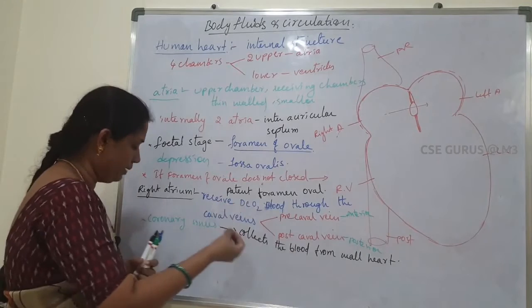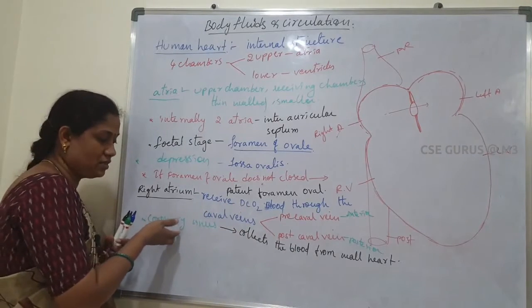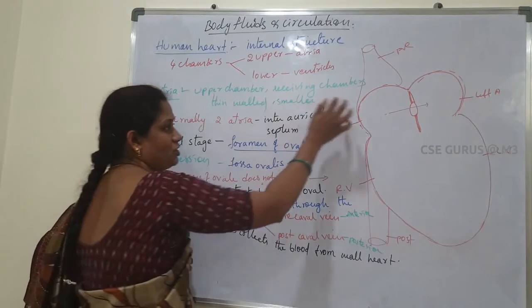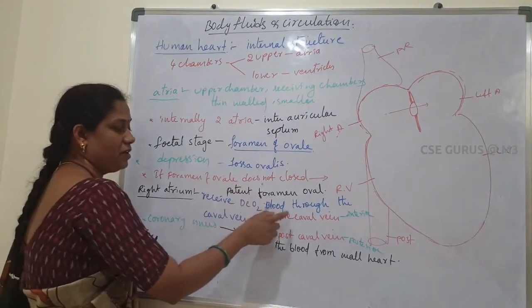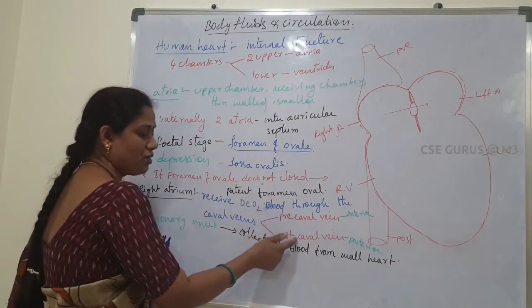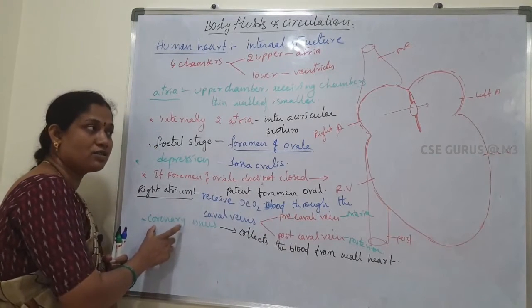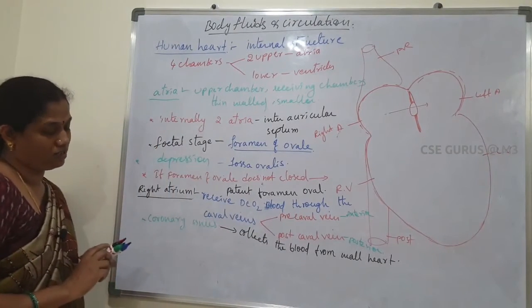The wall of the heart is mainly made up of cardiac muscles. Cardiac muscles also need a continuous supply of blood. So the blood from the wall of the heart is collected by the coronary sinus, which opens into the right atrium. So in the right atrium, the precaval vein, postcaval vein and coronary sinus open.